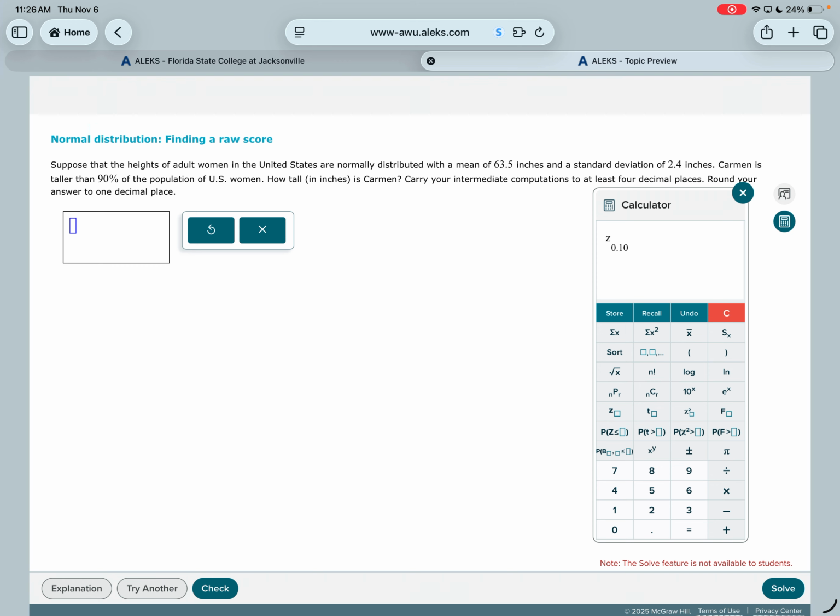But if she's taller than 90% of them, that'd be 90% to the left. So then what percent is to the right? 10%, right? So we are going to do Z of 10%. What's that number? 1.28. 1.2816, I guess, because it says to round.